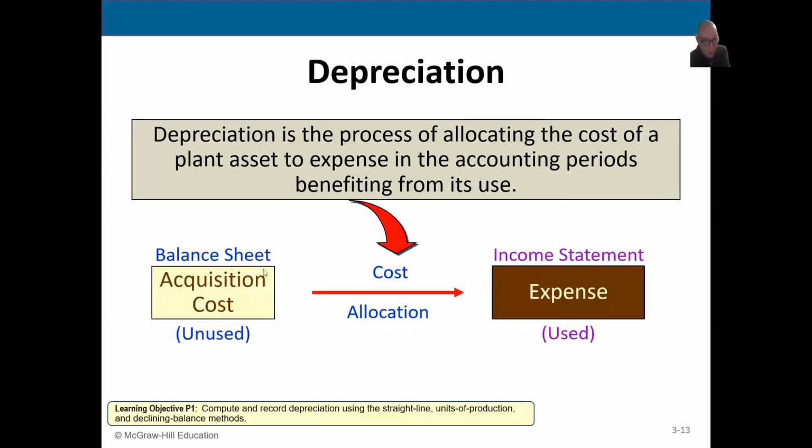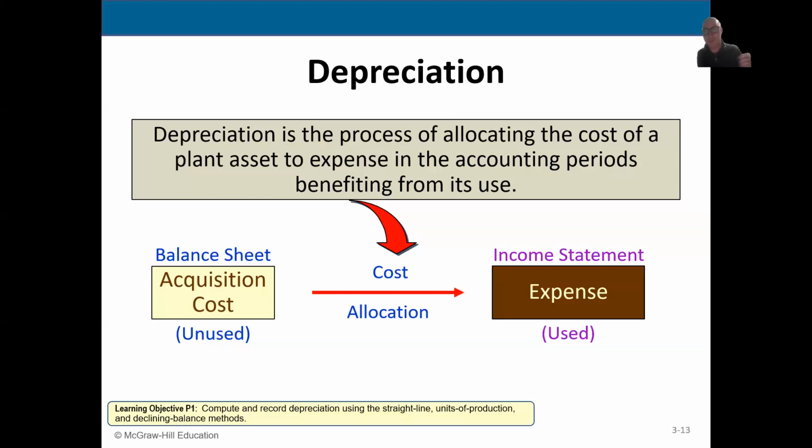First, what is depreciation? It's the recognition of the loss of usefulness of the asset over time. It's a simple definition. That's Dr. B's definition. Okay.